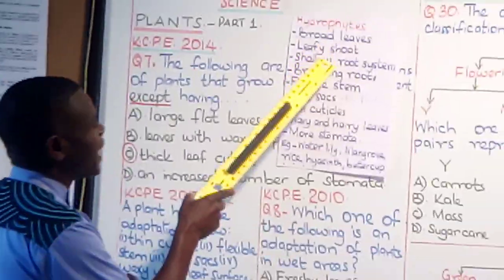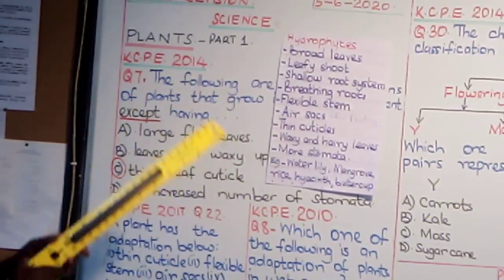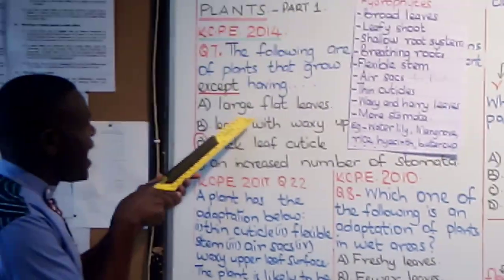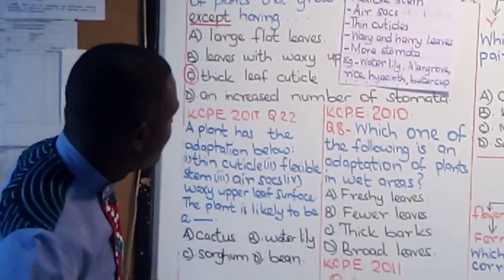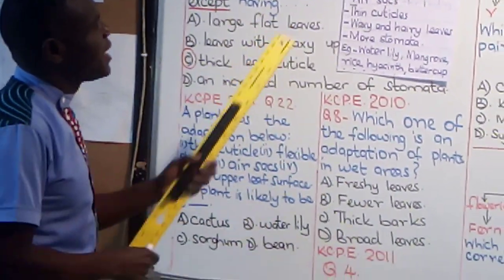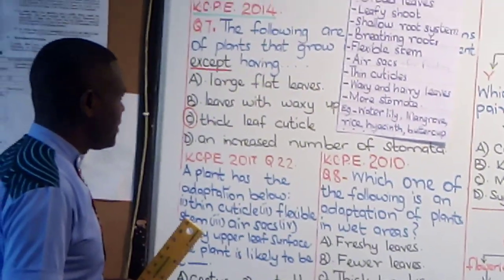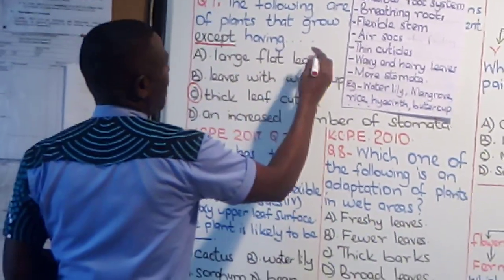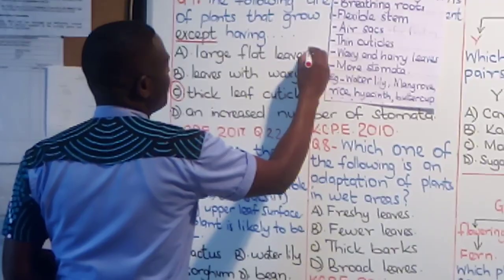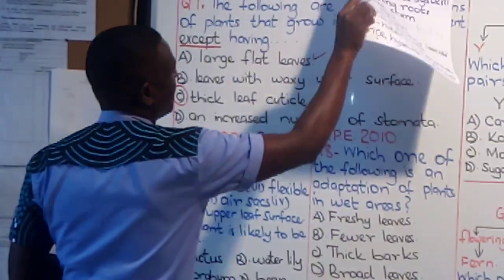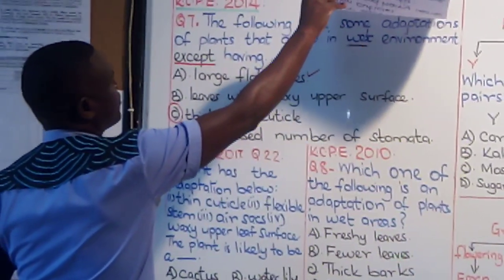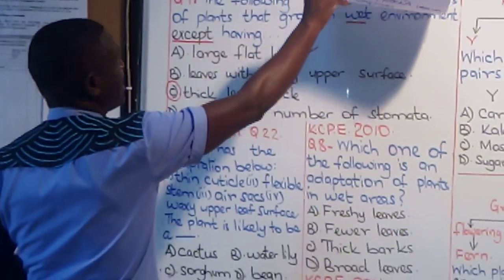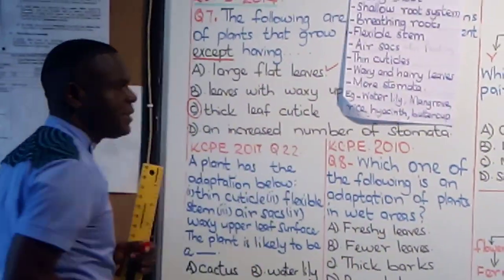Now, having known the characteristics, we can easily come here. Large flat leaves are hydrophytes. So this is a hydrophyte. Remember, the question is asking some adaptations of plants that grow in wet areas, except one. One of them doesn't.